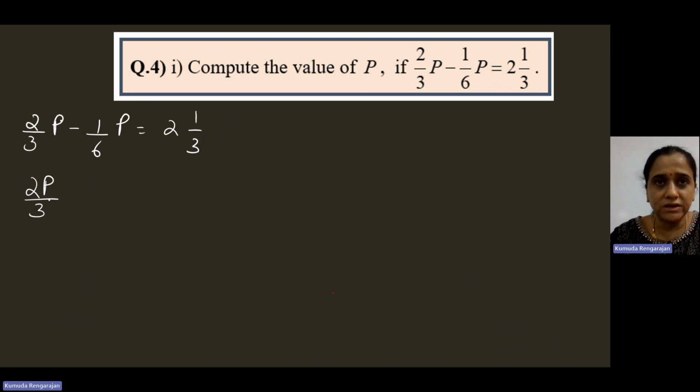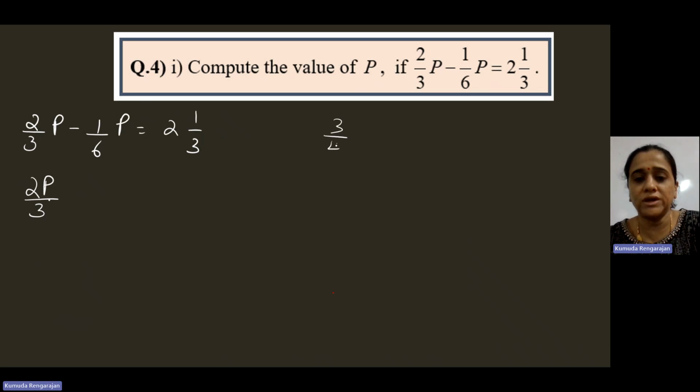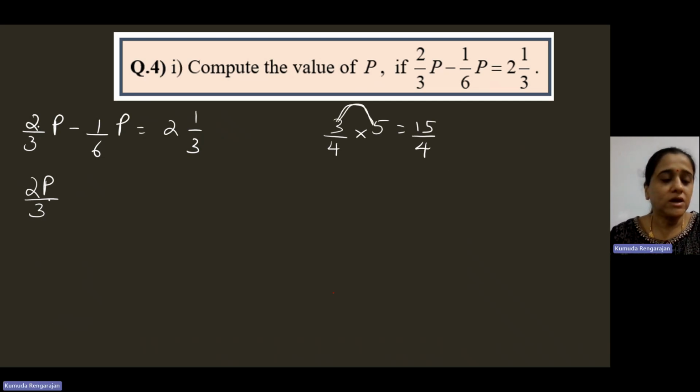See, like if you have 3 by 4 into 5, it's 3 into 5, 15 by 4, right? In the same way, 2 by 3, P, meaning 2 by 3 into P. So it is multiply the numerator with P. 2 into P, 2P by 3. All right? Okay.